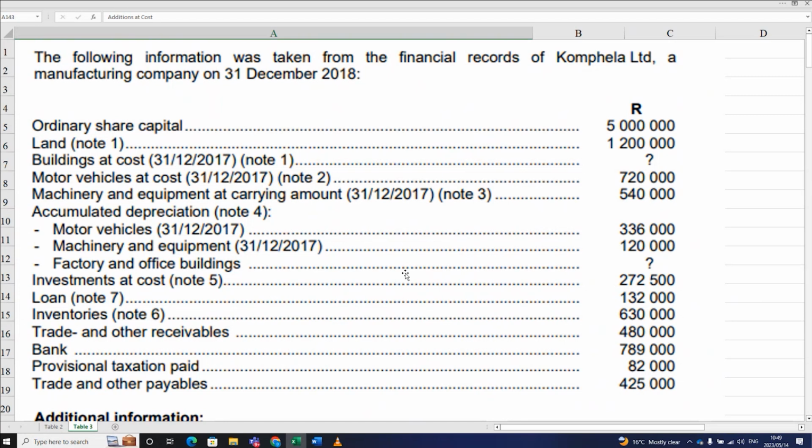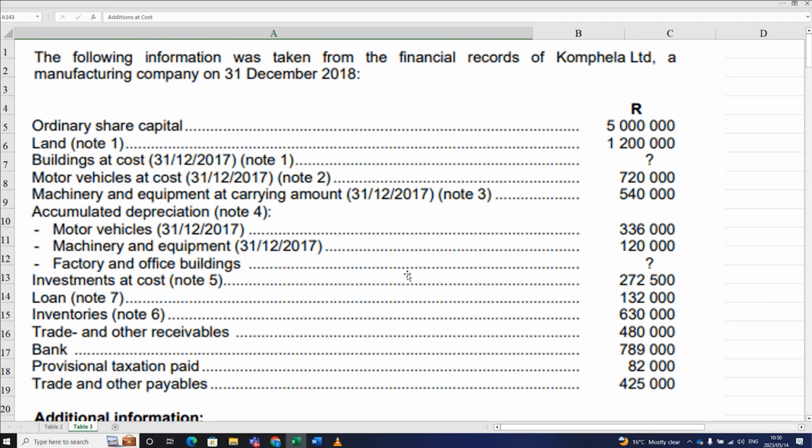But because they're only asking for the asset section, you know that trade and other payables and liabilities will not be included. Very important to know that.